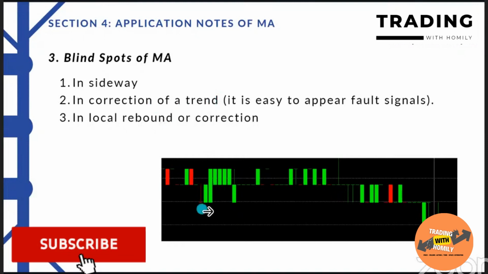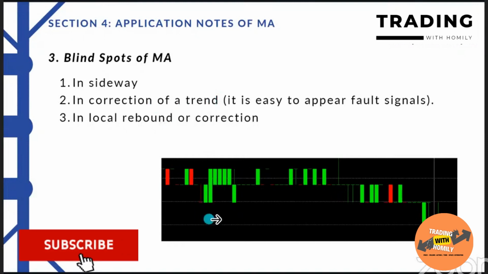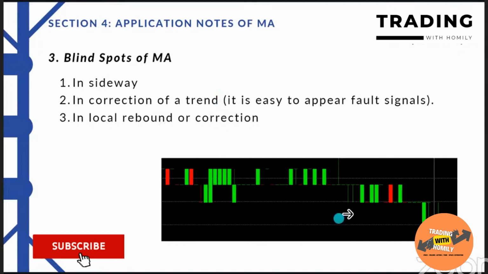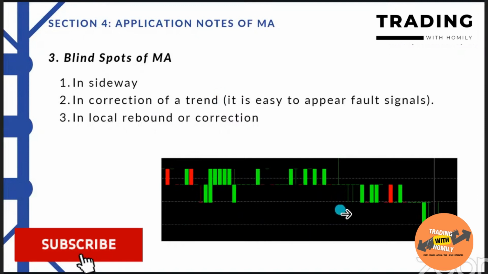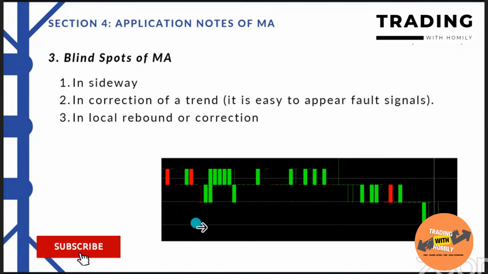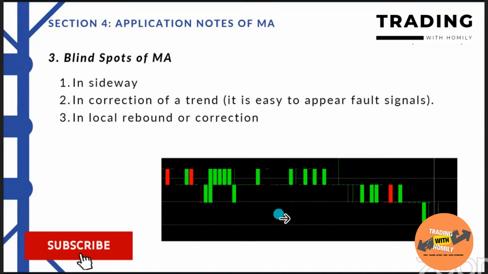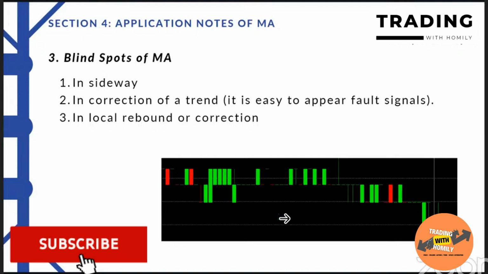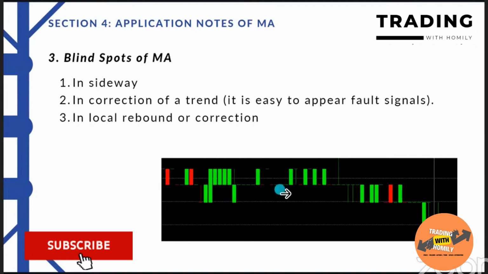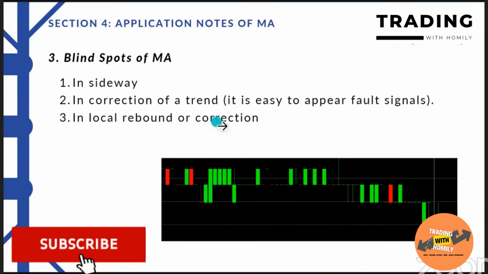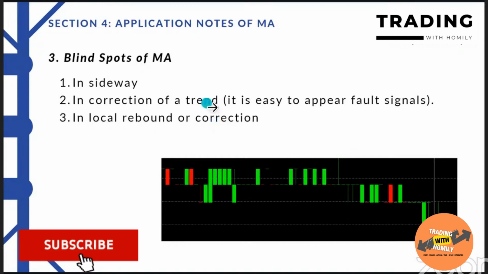Sideways is up and down, up and down, up and down very fast. MA line is so sensitive, so it will follow the price going up and down, going up and down. So sometimes it will make you confused. Can I buy or sell? So if you see a sideways, better you ignore the MA.